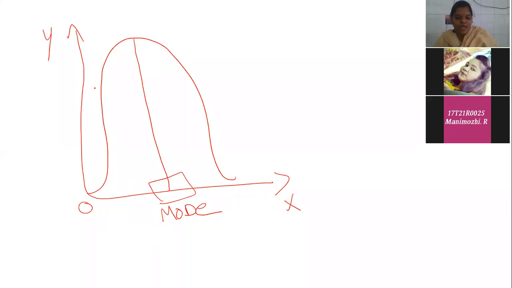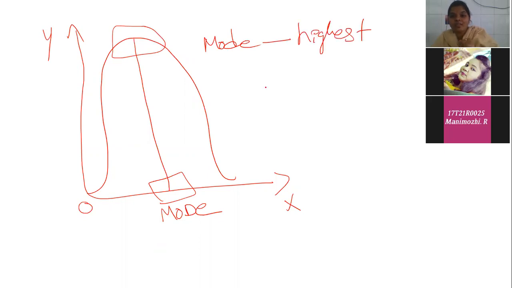The following diagram shows the modal value, the value of the variable at which the curve reaches the maximum. So what do you mean by mode? Mode is nothing but the highest repetition of a number.